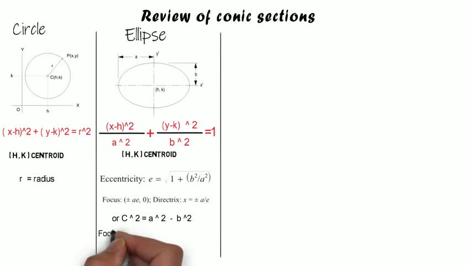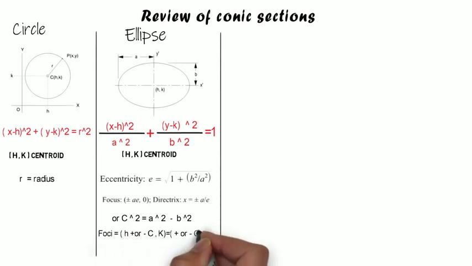Then the focus is h plus or minus c, and k, or plus or minus c and 0 if the centroid is at the origin, where c is the distance from the centroid to the focus or foci points.